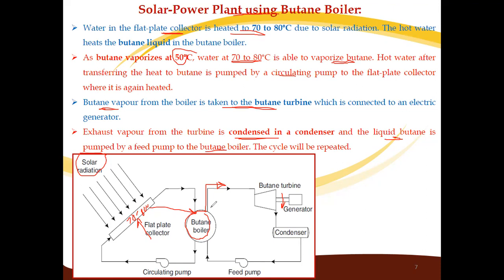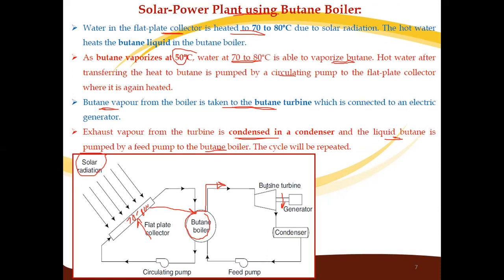So if you see the cycle between a thermal power plant and this butane solar power plant, the only difference is that the boiler is there in both, but here the boiler is only for transferring heat, and by using solar radiation we can heat the water, and that water heat is transferred into the butane boiler where butane gets vaporized.